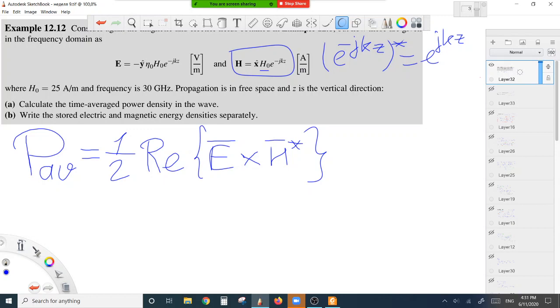And we may say that complex conjugate of H is x H0 e to the power of plus j kz.